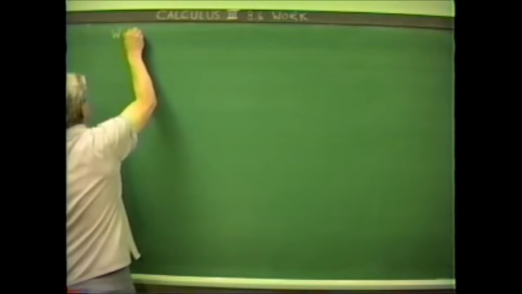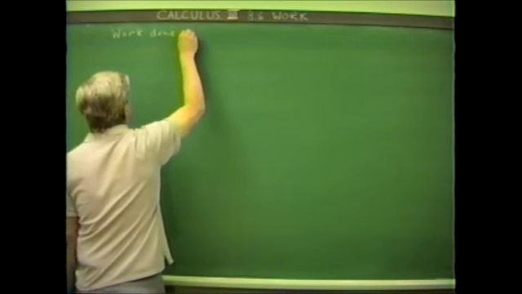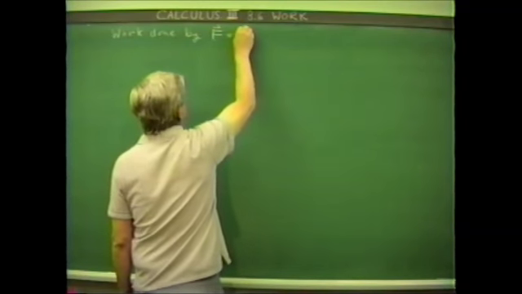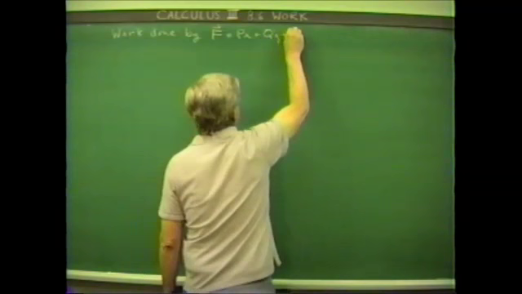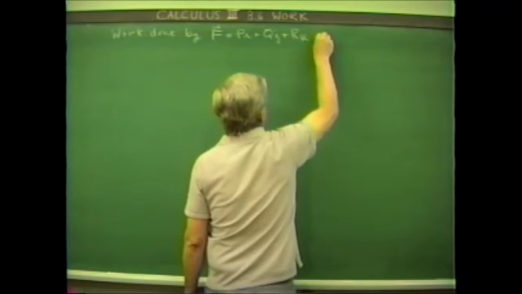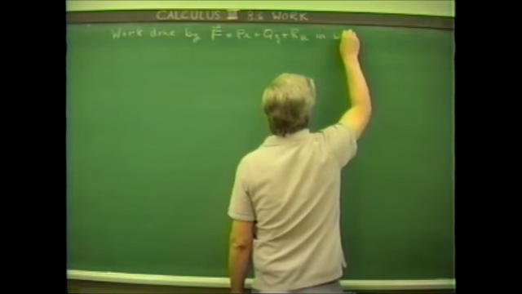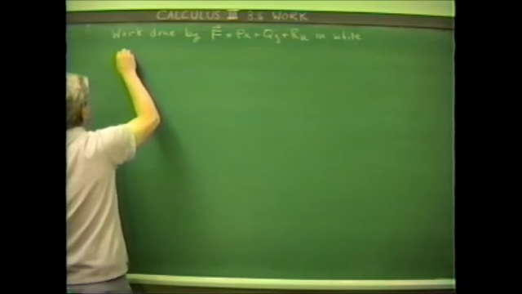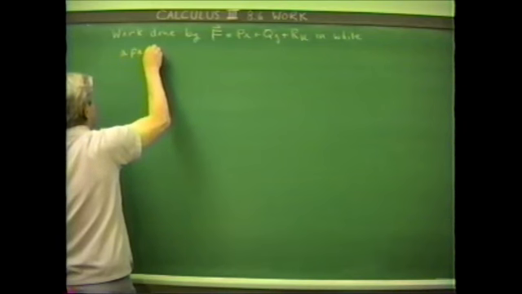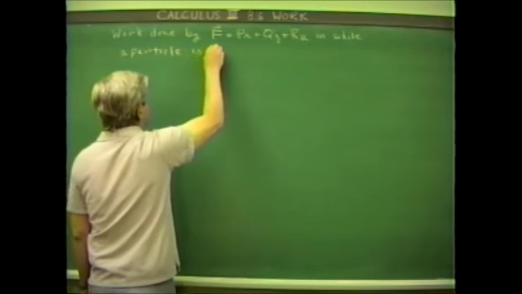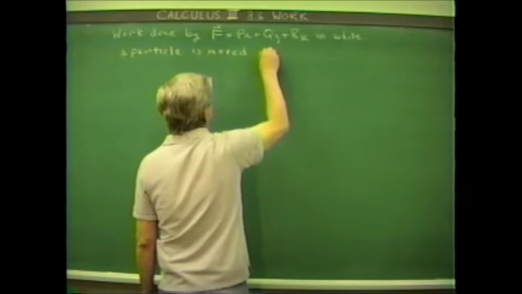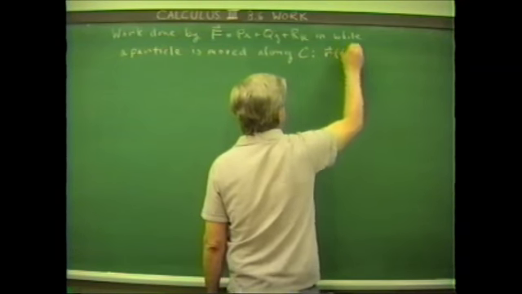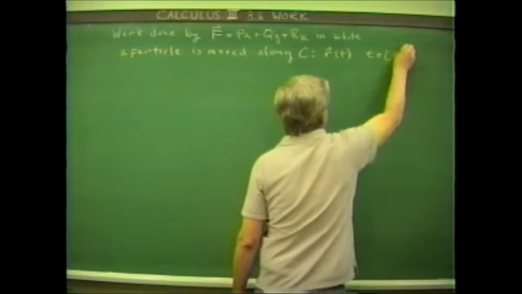So the work done by F, which is equal to Pi plus Qj plus Rk, while a particle is moved along a curve C, where C is given by some r of t in some interval AB.